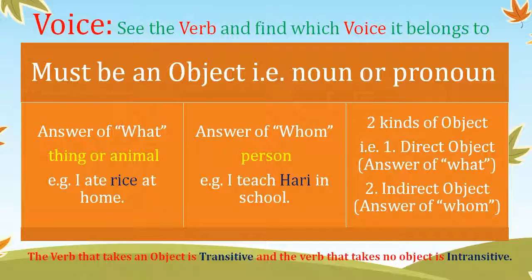There is not. In the garden is the answer of where. But we need the answer of what and whom. So the verb walking is an intransitive verb, and we cannot change the voice of that sentence. That is why there must be an answer of what and whom. Only the transitive verb takes an object, and only when it takes an object can it be changed into passive voice. An intransitive verb we cannot change to passive.